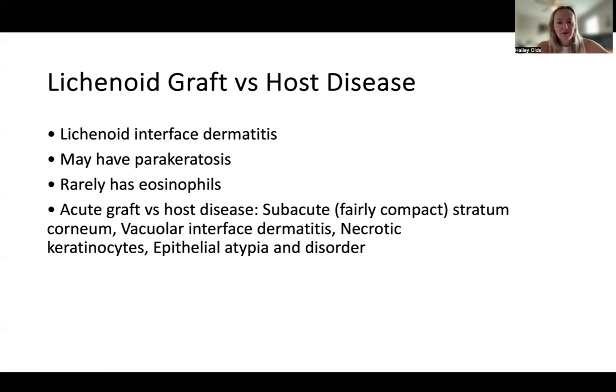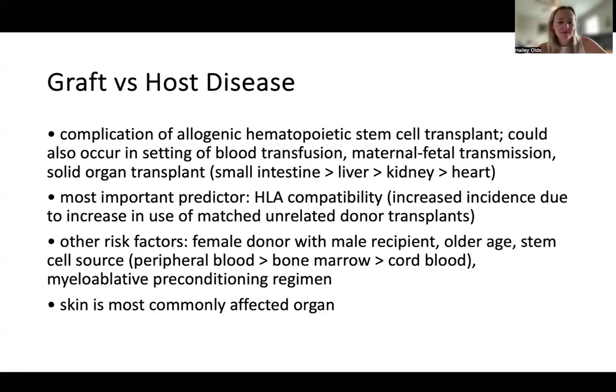This has a little bit more vacuolar interface, necrotic keratinocytes, and some abnormal epithelium. Like I said, this is a complication of stem cell transplant, but it can also happen with blood transfusion or solid organ transplant. The most important predictor is HLA compatibility, and skin is the most commonly affected organ in graft versus host disease.